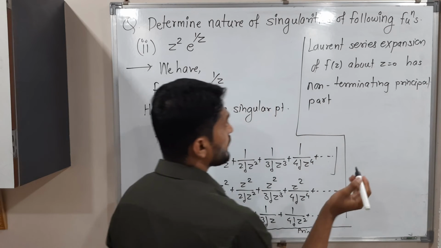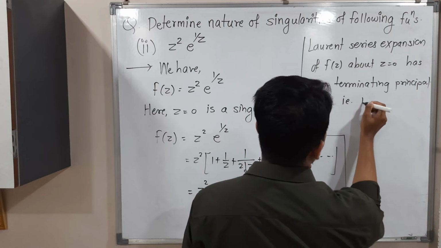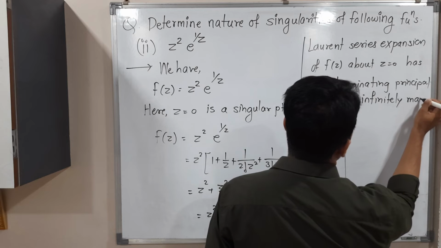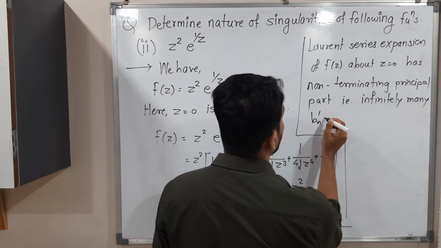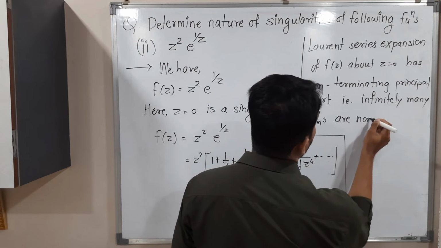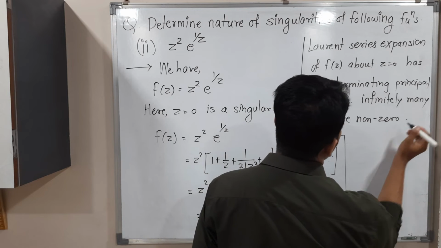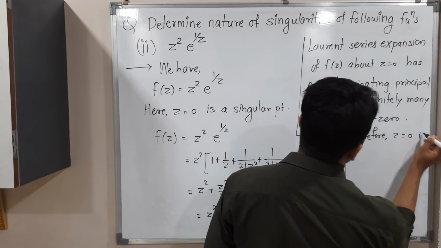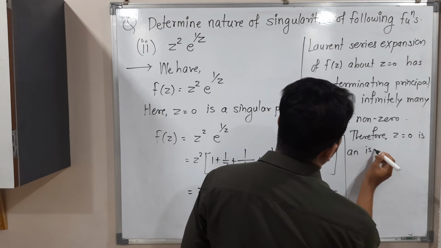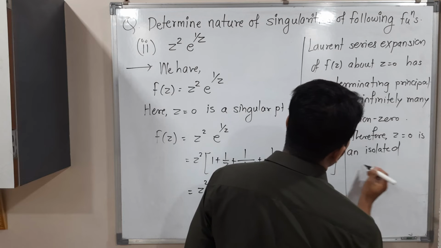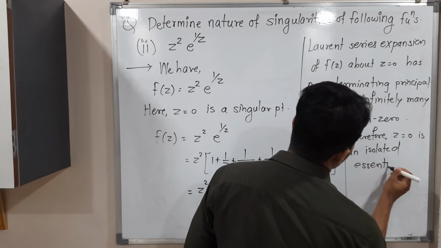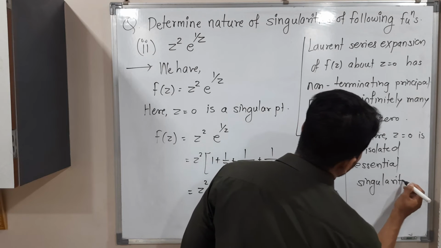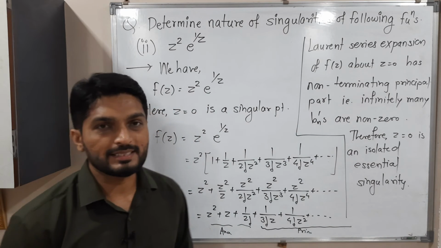In another way you can say infinitely many bn are non-zero. Therefore, z is equal to 0 is an isolated essential singularity. So in this way we proved it is an isolated essential singularity.